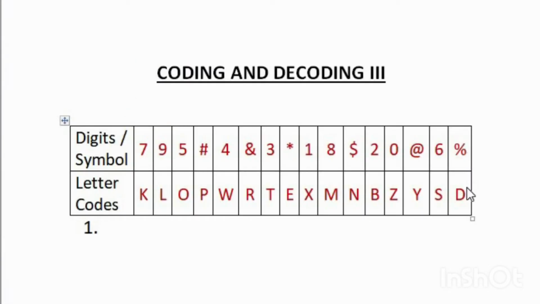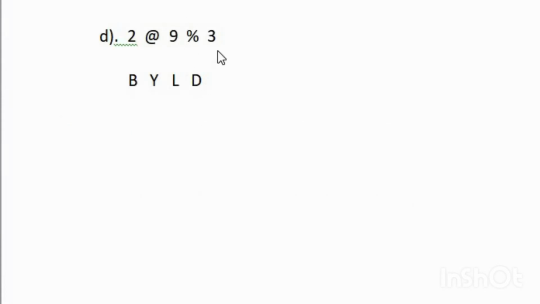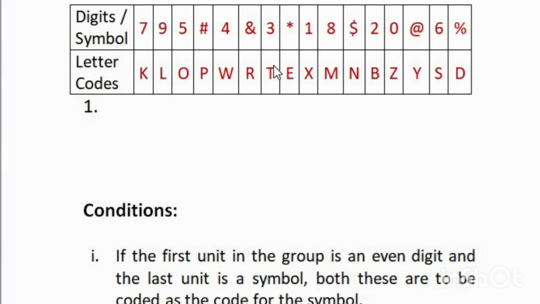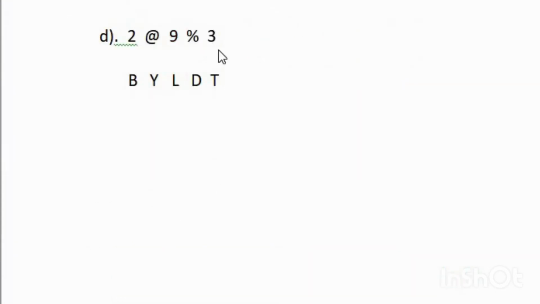The letter code corresponding to percent is D. So percent can be coded as D. The next is a number 3. The letter code corresponding to 3 is T. So we can replace 3 with T. So the answer is BYLDT.